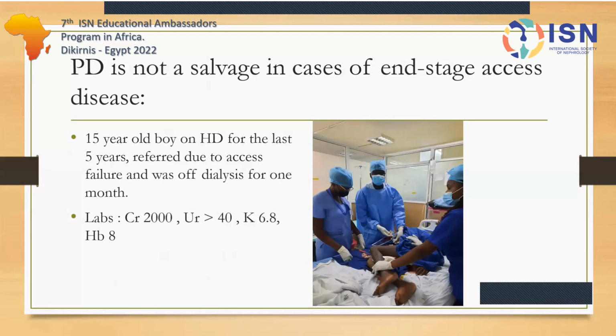So this is a very desperate situation, and at the same time, we also don't want to watch the boy dying. So we started binding the potassium, and we started him on urgent-start PD, although we know that this is a very difficult situation.